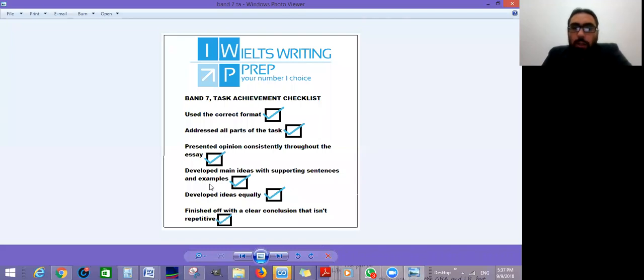Okay, so here we have the first point, which is essential: use the correct format. So we need to make sure that we don't have any contractions or informal idioms. We want to avoid phrasal verbs because most of them are informal as well.